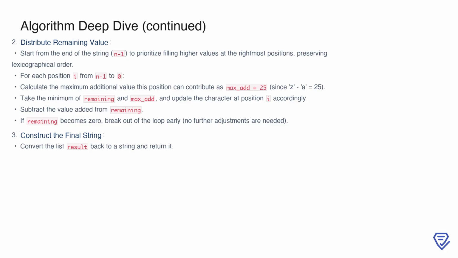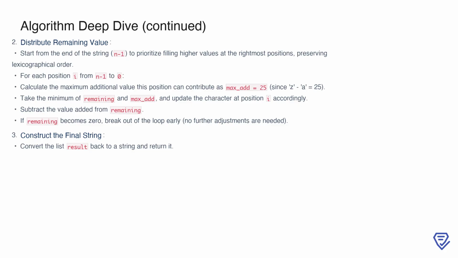We then take the smaller of the remaining value and this maximum possible addition and update the character at the current position accordingly. The remaining value is reduced by the amount added, and we continue this process for earlier positions. If at any point remaining becomes 0, we can stop since no further adjustments are needed.